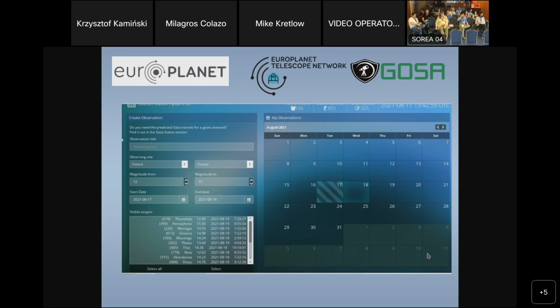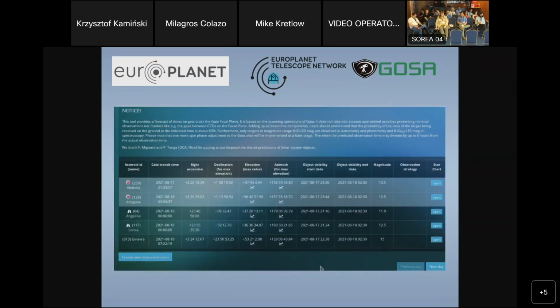Then you get the list of objects which are visible from your location. You can choose one or more of them which you are going to observe. Then the system moves you to more detailed information, where you can see the right ascension, declination, elevation, azimuth, and how long the object is visible in the sky. So there is the start and end time of the visibility, and of course the magnitude.